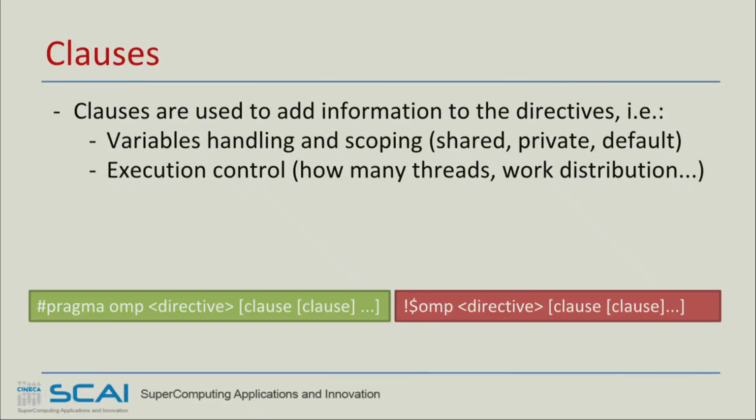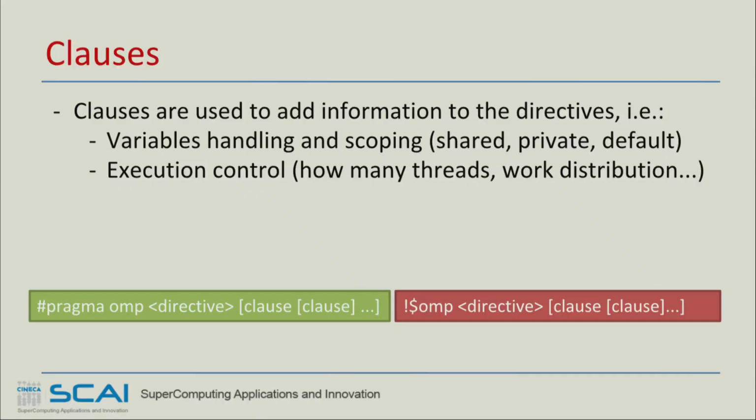In general, this is the basics, but there are also ways to make everything more complicated or sophisticated. You can add clauses or specifications that are meant to add information to the directives.